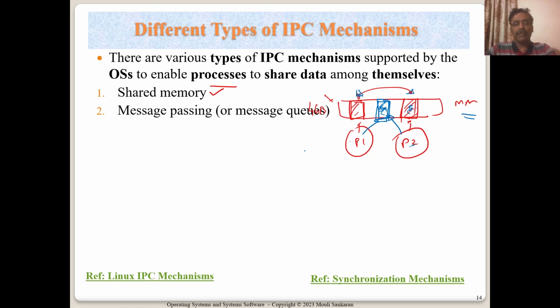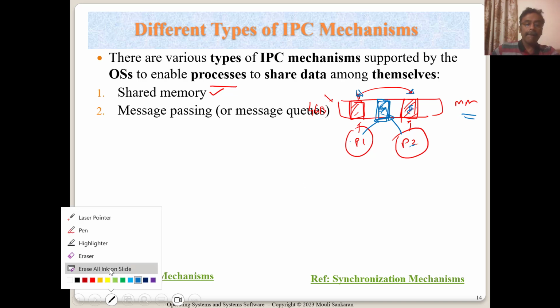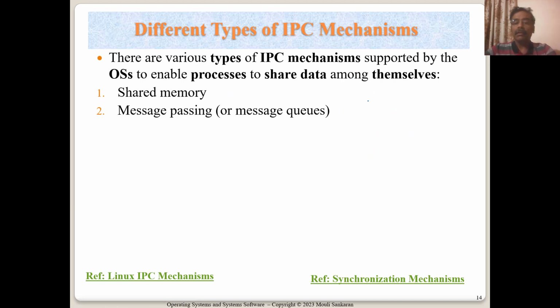Now, what is message passing? If suppose you have two processes, P1 and P2, and they have something to be shared or sent across. It's like sending a mail from one user to another user. So two processes cannot just like that share some data.